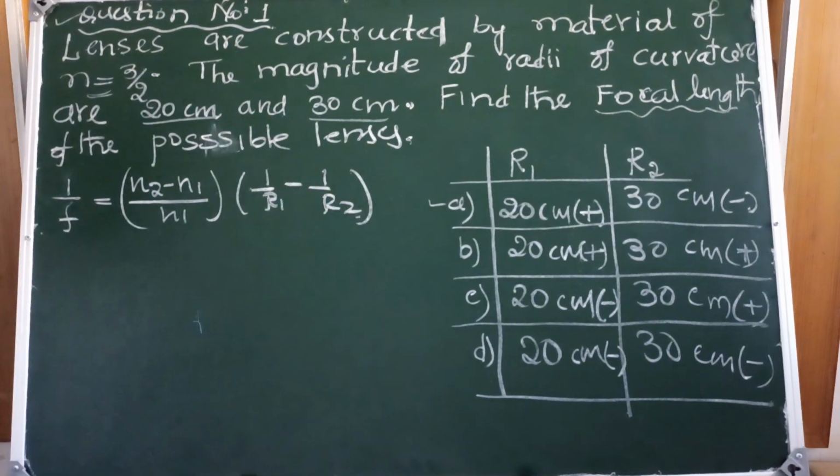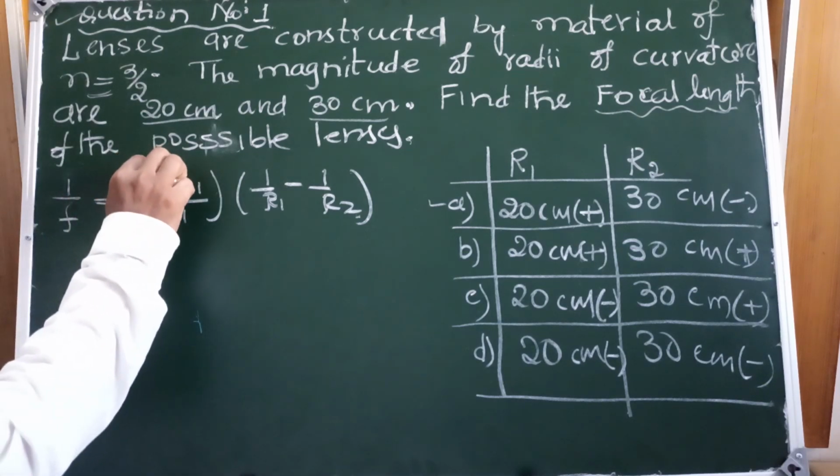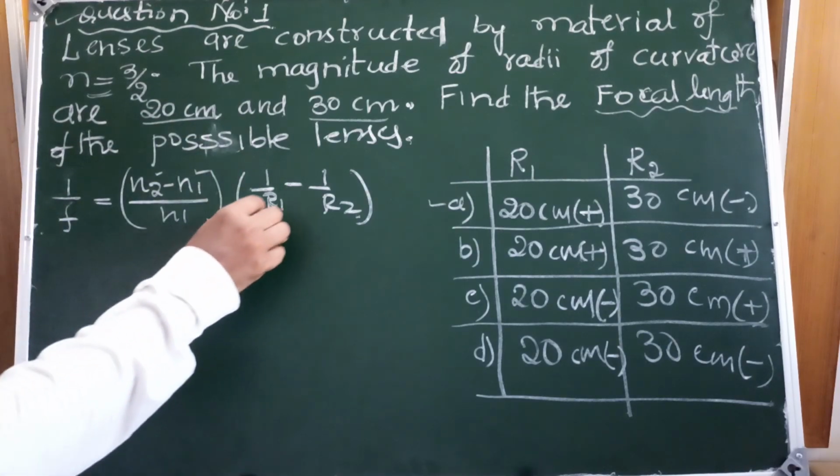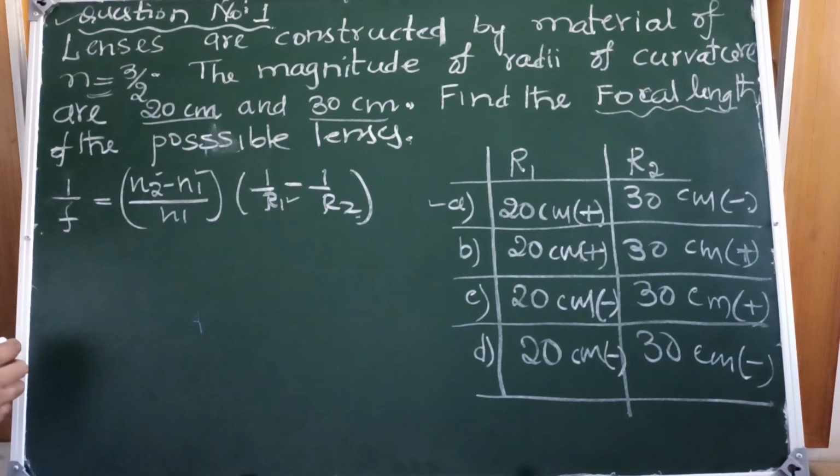This is the lens maker's formula, where n2 is the refracting medium, n1 is the incident medium, R1 is the first radius of curvature, R2 is the second radius of curvature.